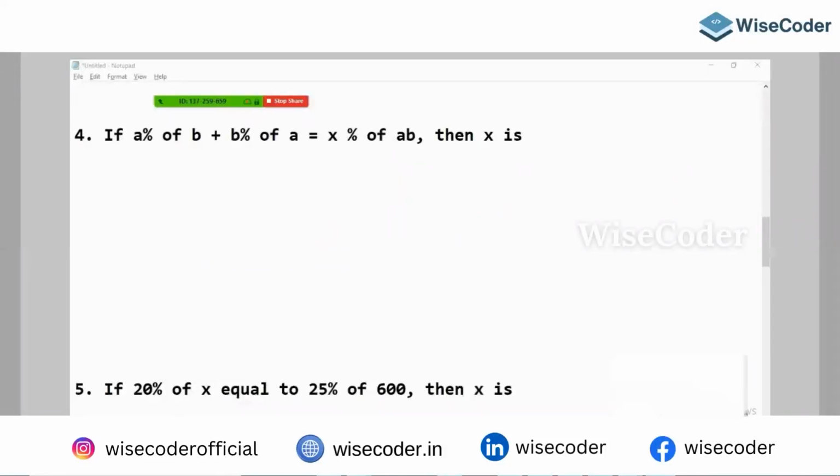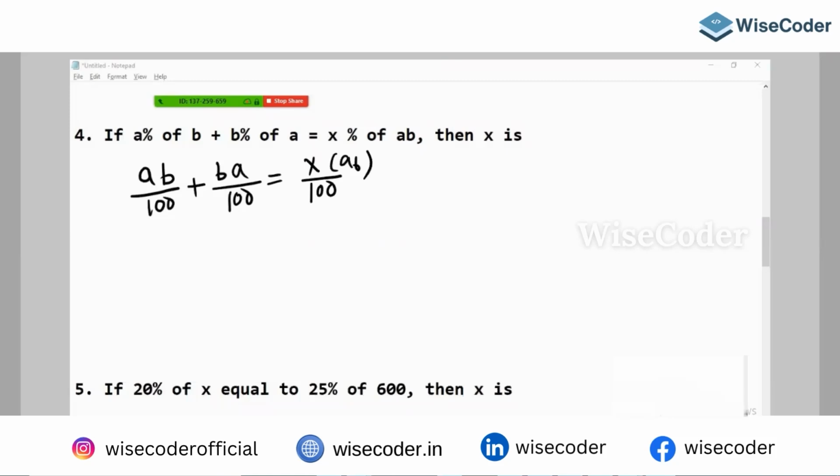So very simple funda. A%, A by 100 of B. So A into B by 100 plus B% of A, so B by 100 of A, which is equal to X by 100 of AB. So here the LCM is 100.